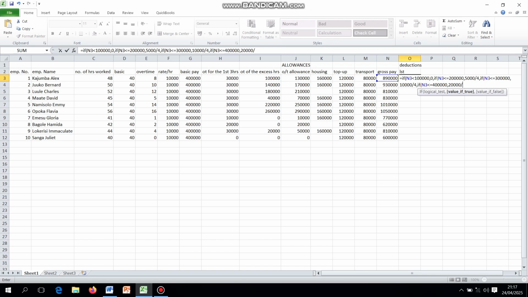So we shall divide it by 4. Then we put our comma, we write again IF, open our bracket, the gross pay is less or equal to 500,000, comma, the rate which was given is 30,000. So we shall divide it by 4 and put a comma.